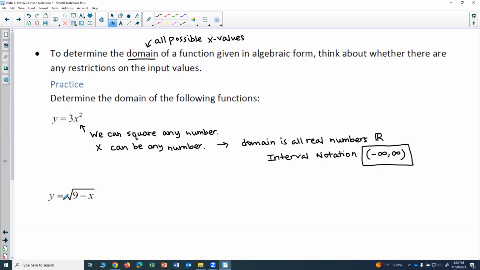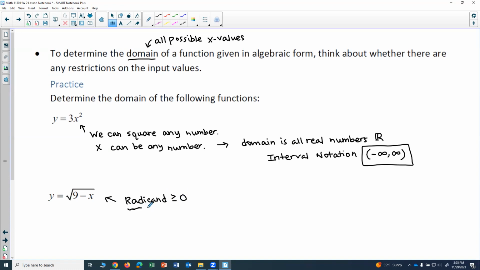For the next one, y equals the square root of 9 minus x, the restriction would be that we cannot take the square root of a negative number. So we call the thing inside the square root the radicand. And the radicand has to be greater than or equal to 0.